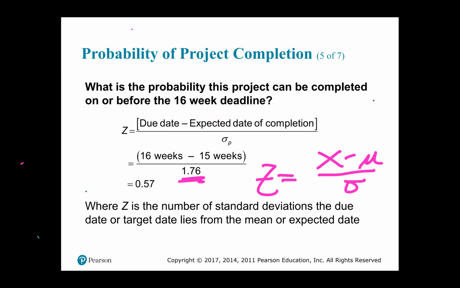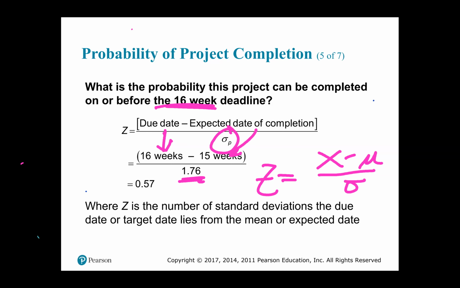So the due date would be the requested date from the question. So that would be your 16 weeks, because I said, what is the probability that the project can be completed on or before week 16? The expected date would be the one that you worked out on your network, which was 15.